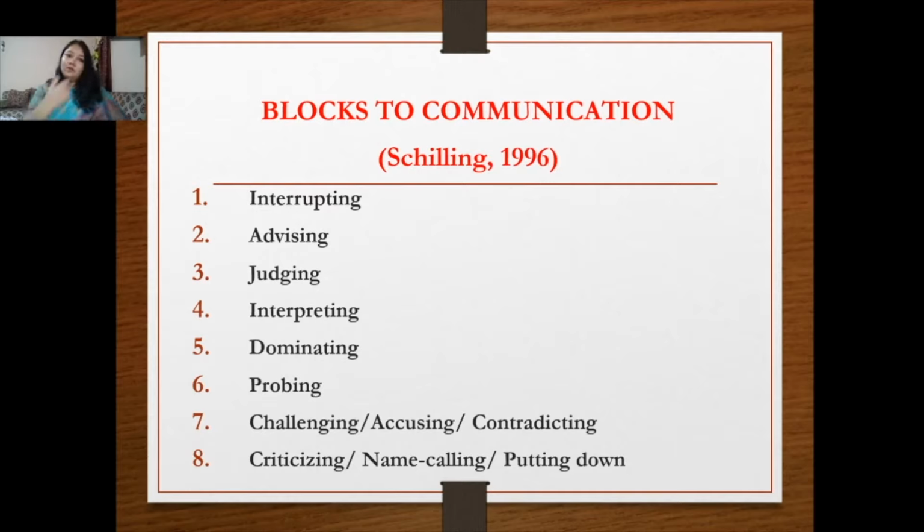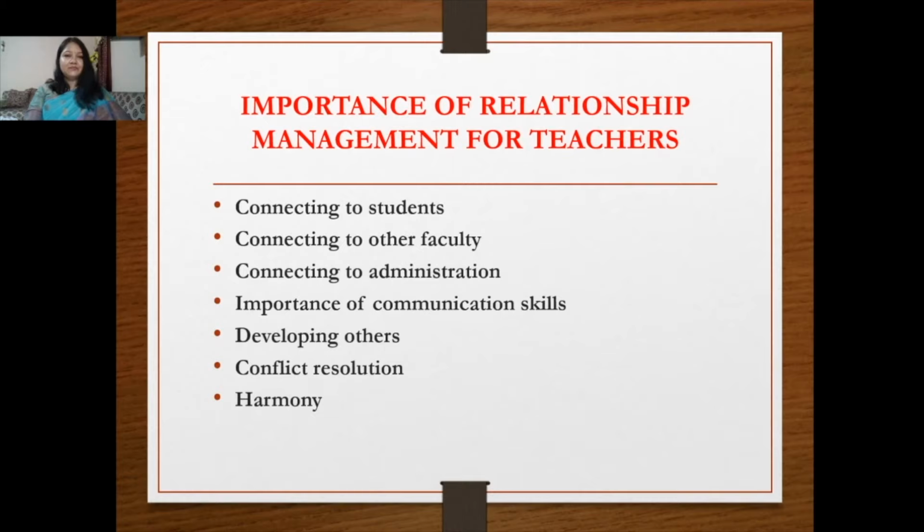So the reason why I wanted to share this with you is that if you're emotionally intelligent, you will immediately understand, even if you interrupted, even if you were dominating the conversation, that I should not. Okay. And if you're emotionally intelligent, you will beforehand understand that you should not be doing these kinds of things which may block communication.